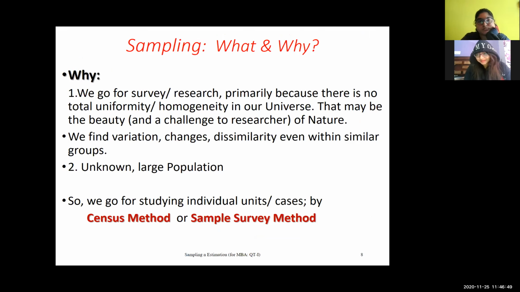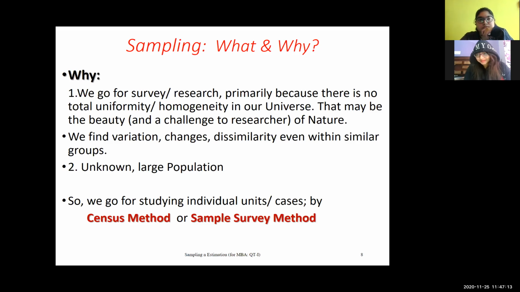So how do you know this? Is it possible to go for complete testing of the entire population, Tanya? No, sir. There are many reasons. One, we don't know who is having a COVID symptom, unless one is expressing. Two, it is a very large, vast area, and it is also expensive.